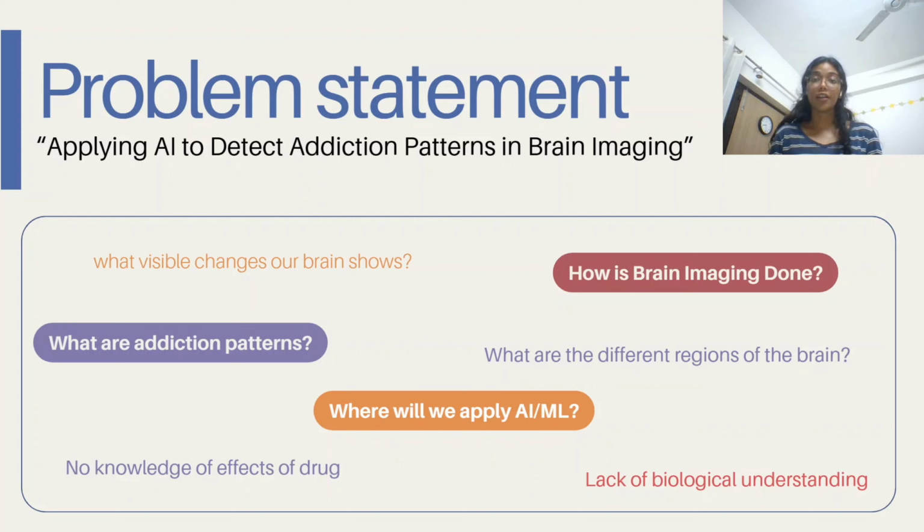So for this, research is very important. Understanding basic terminologies is very important, and then finally we can understand where we will apply this AI ML knowledge. So, moving forward with a research paper discussion that will give us a clear concept of our problem statement.